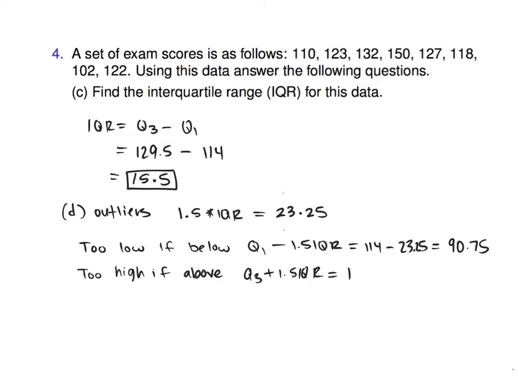So that's 129.5, I did it wrong in my notes, plus 23.25. What's that give? 150. So are there any outliers? No.